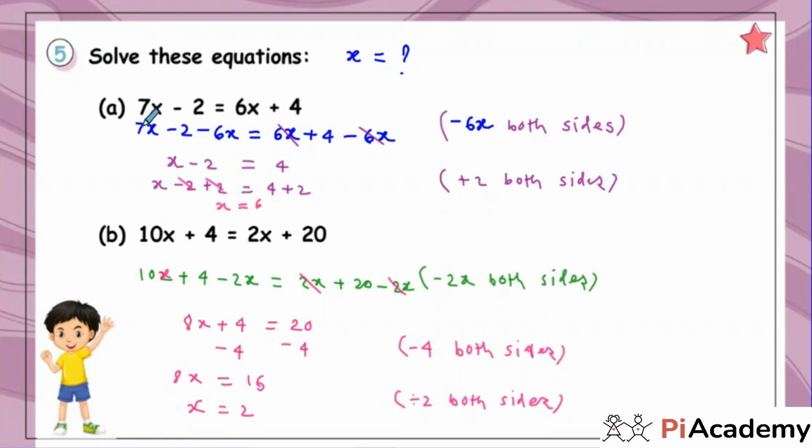And the same way here, 7x minus 6x. This 6x was introduced by me, so that applies on both sides. 7x minus 6x is x, and minus 2 as it is. So here you have x minus 2 equals 4. And then you are going to add plus 2 on both sides. If you do plus 2, then minus 2 plus 2 will get cancelled. So on the left hand side you have x, and on the right hand side 4 plus 2, that's 6.